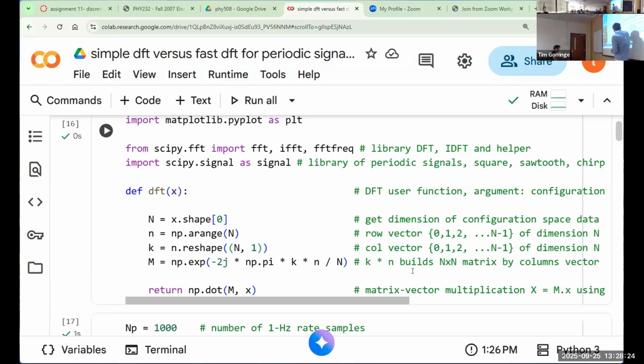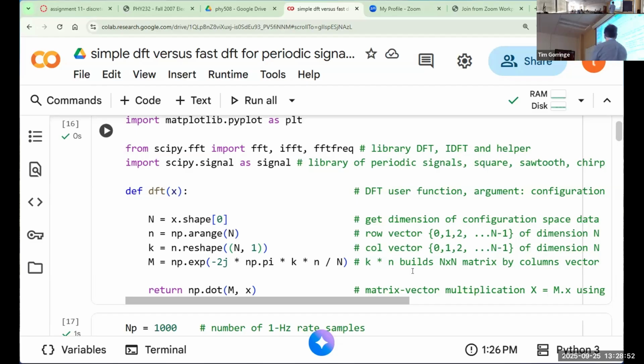And here's the calculation. These 5 lines here. First thing we've got to know if we want to do the Fourier transform is we need to know the size of our time domain and frequency domain data. We need to know the size because we want to construct a matrix, we were calling it M, that we're going to multiply our time domain data with to get our frequency domain data.